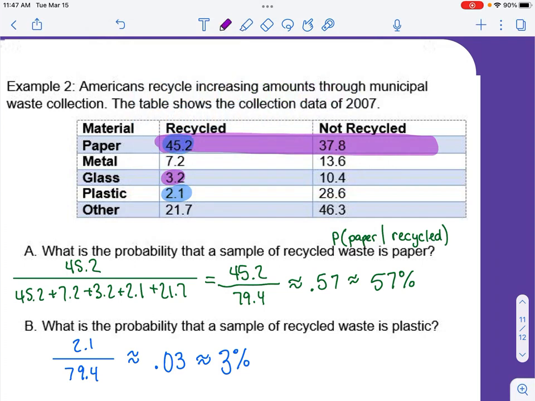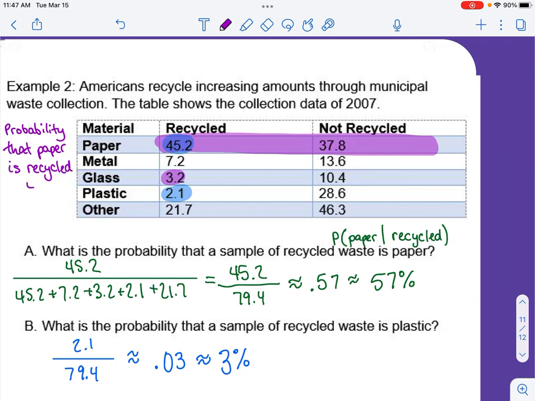So if they had switched this, the probability that paper is recycled would be our row instead of our column.